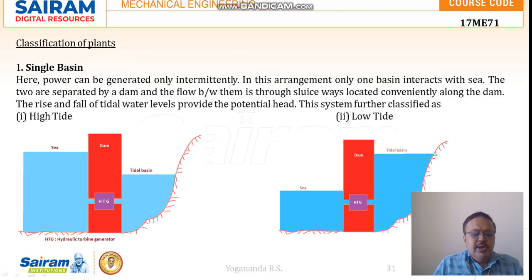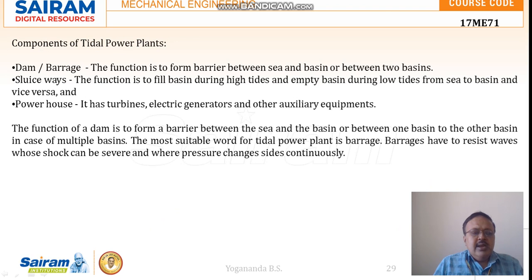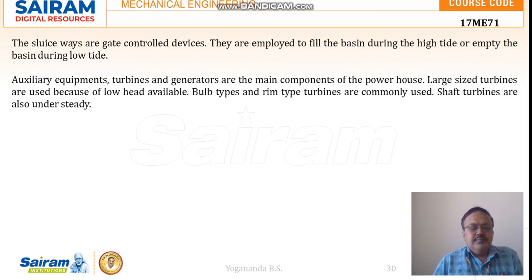Then we have the powerhouse. The powerhouse is equipped with the turbine, electrical generators and other auxiliary equipment. As we mentioned, the sluice ways are gate-controlled devices. They are employed to fill the basin during the high tide.